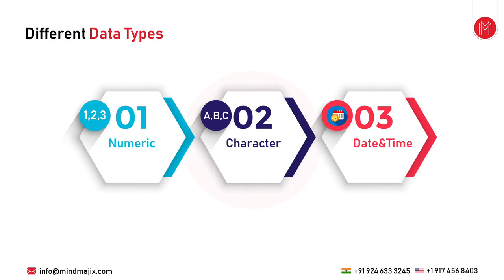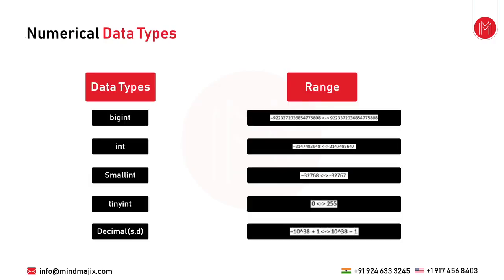The data type particularly shows what kind of data a particular record or a column is holding. To start with, the first data type is numeric. Under numeric data types, we deal with bigint, smallint, tinyint, and decimal. When you talk about numerical data types, we have a different capacity for each of the data types, a range that has been defined for each. If you focus on the screen, you can see for bigint, the range starts from somewhere around -2^63, about -9.2 followed by 18 digits, and goes on.